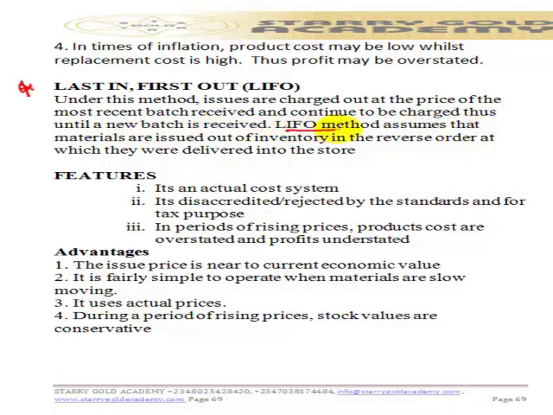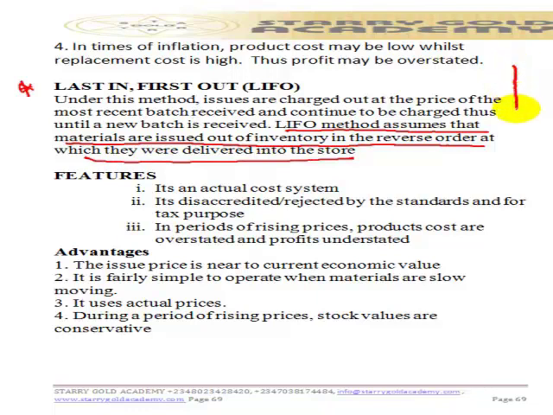The last in first out method assumes that materials are issued out of inventory in the reverse order in which they were delivered into store. So that means the last item to come into the store will be the first item to go out of the store. It is an actual cost system.